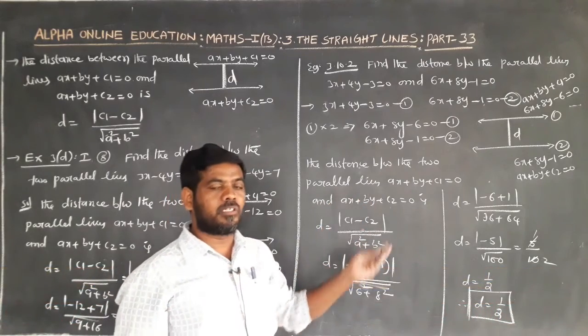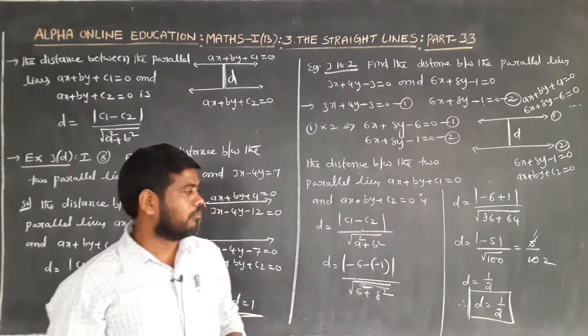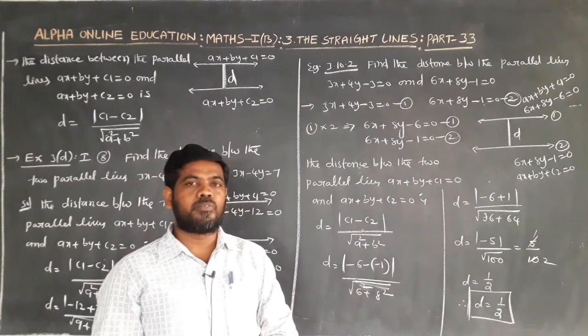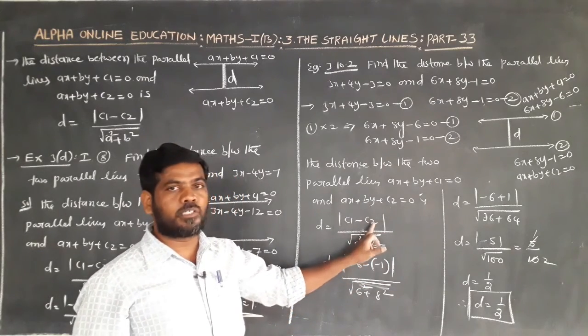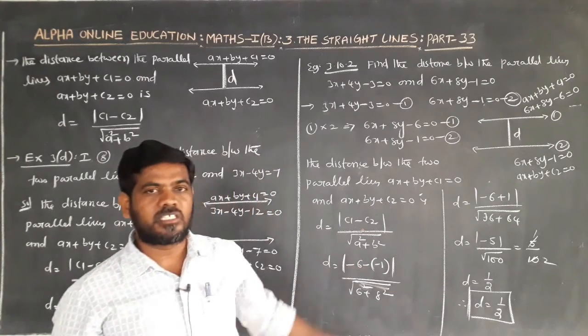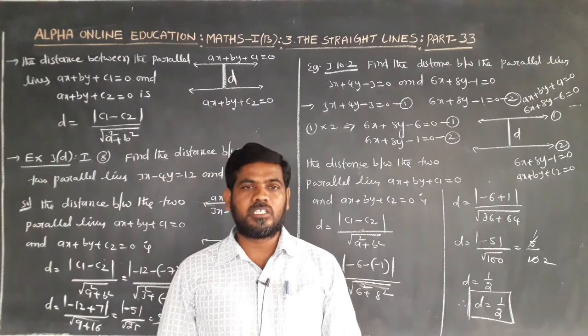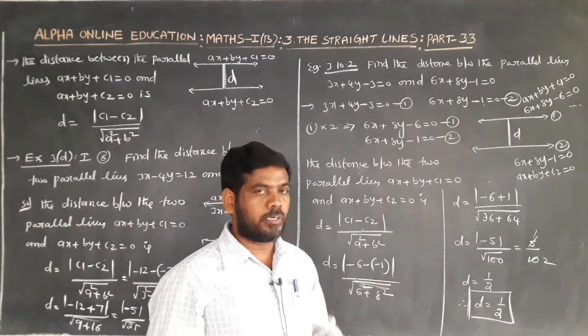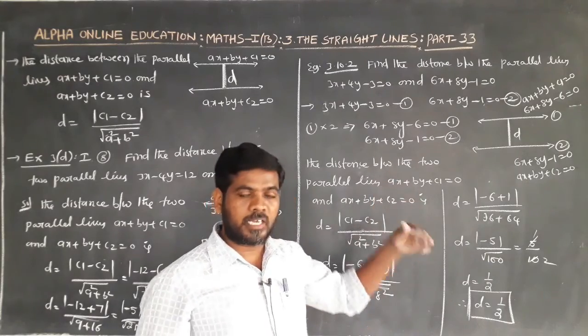The distance between the two parallel lines is mod of C1 minus C2 divided by the square root of A square plus B square. Substitute C1, C2 and the A, B values and simplify. This is the process for finding the distance between two parallel lines. Very important problem. One problem remaining. Try it.